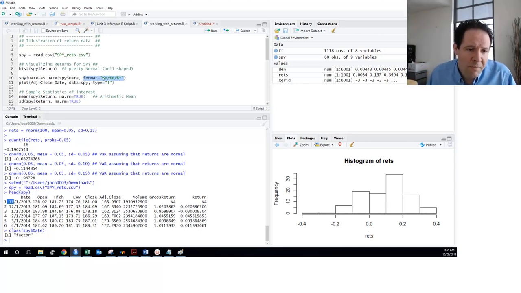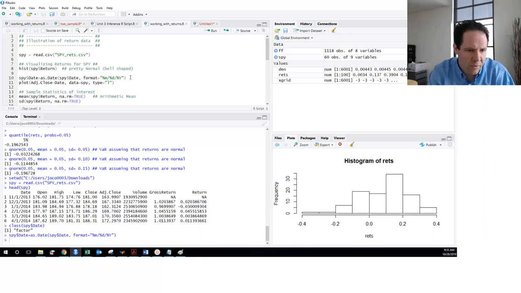If we looked up online how to do this, that's going to be %m to get the 2-digit month. The slash needs to be there because the slash is in the format of the way the dates are given to us. Then %d, the slash again, and then %capital Y.